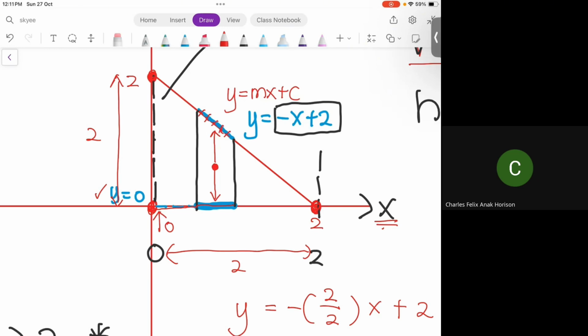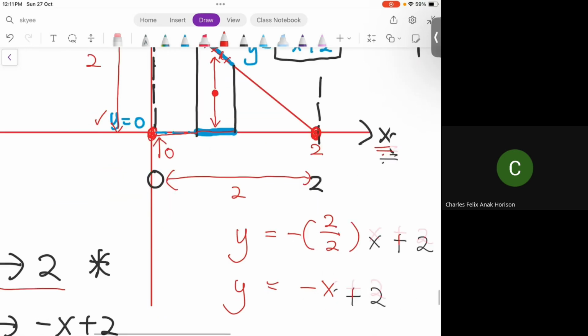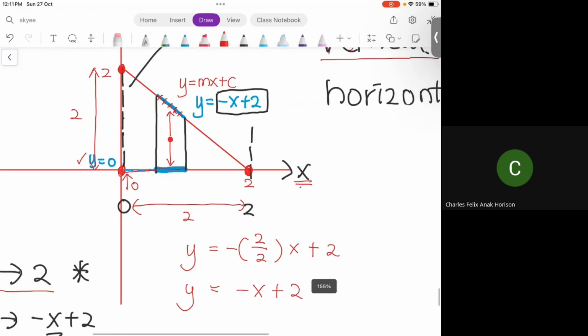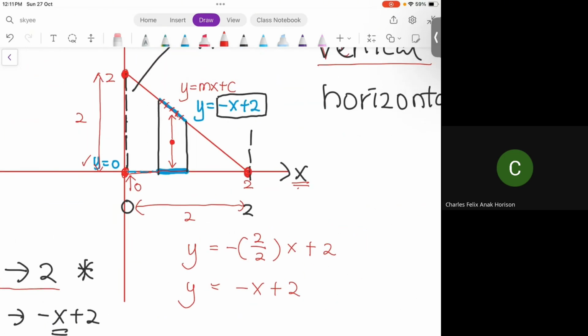So I cannot represent this y with a value. I have to represent it with its equation. This is a straight line, so I have to form a straight line equation, which is y equals to mx plus c. So c will be the intersection point of the line at the y axis, which will be here, 2.